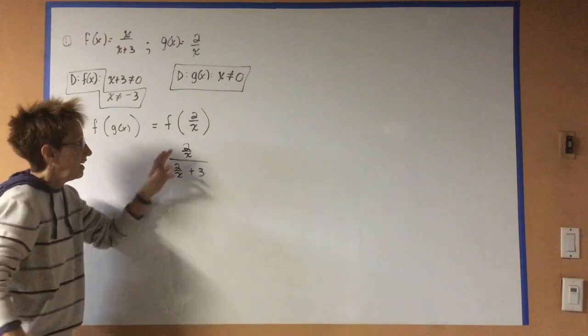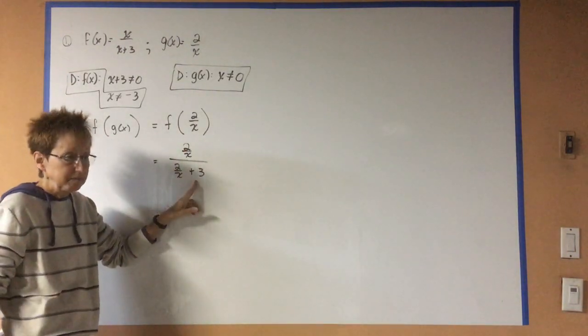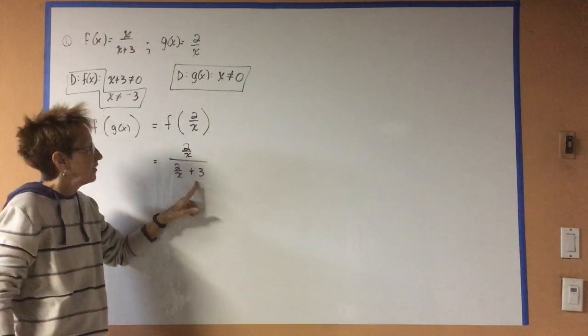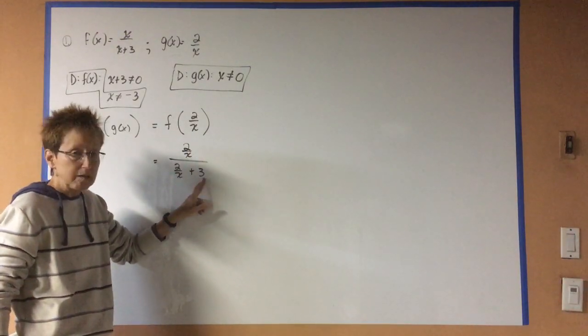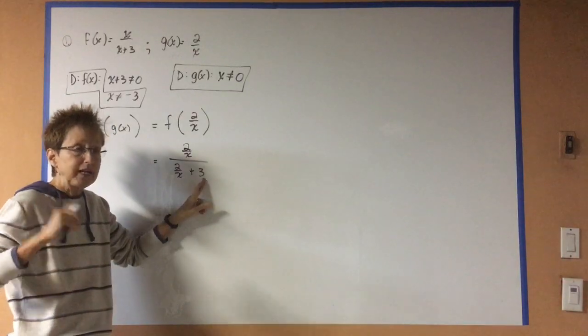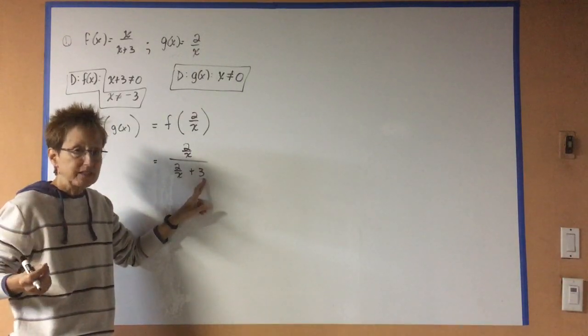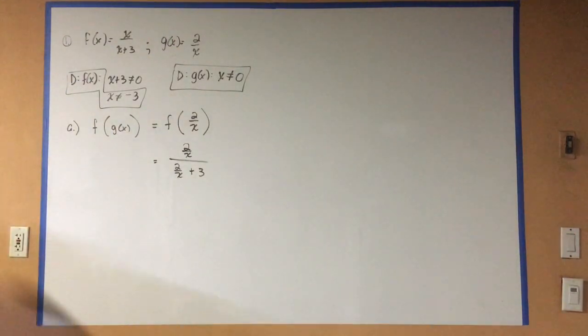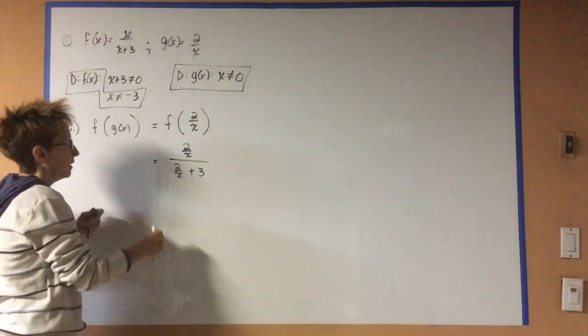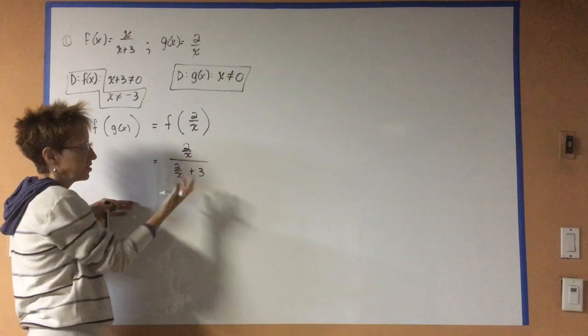Or, since it's not a single fraction over a single fraction, instead I could just decide on the LCD for all the little single terms in this complex fraction and multiply every single one of them by whatever that LCD is. So I'm going to choose to do it that way. So I'm going to take every term, top and bottom, times the LCD, which I see is just x.